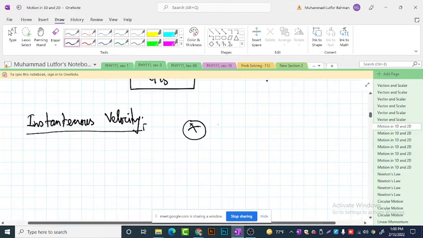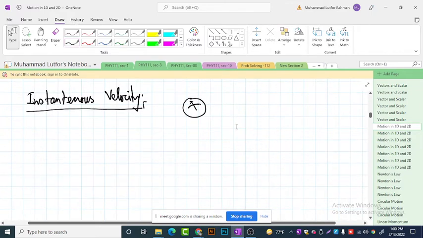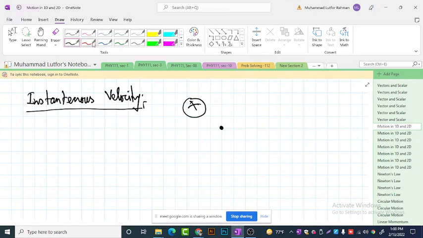And how are you going to find that instantaneous velocity? Say this is the location of your particle, a dot, and you want to find the velocity of the particle just right after that point, which I indicate by the red dot. Your initial point is the black dot and your final point is the red dot.